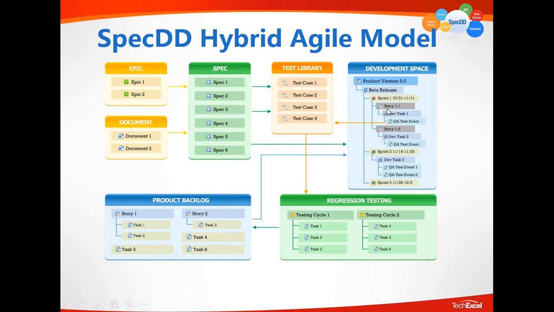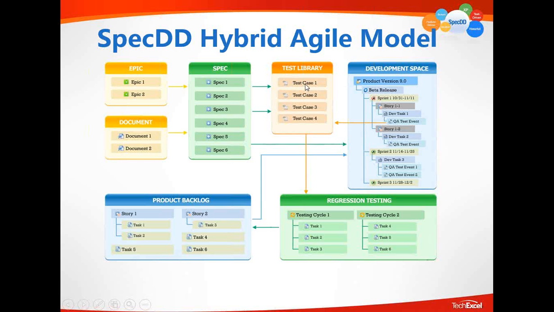But in order to finish a story or implement the commitment of a requirement spec, you're going to create multiple development tasks to implement them. So how about the test cases? Those test cases are created to recognize the fact that when you have a requirement, you should dynamically create test cases.